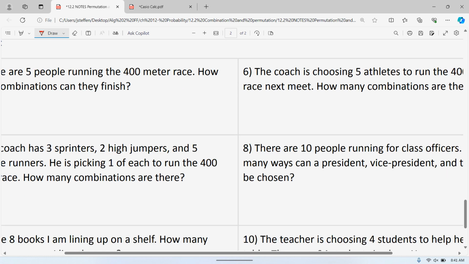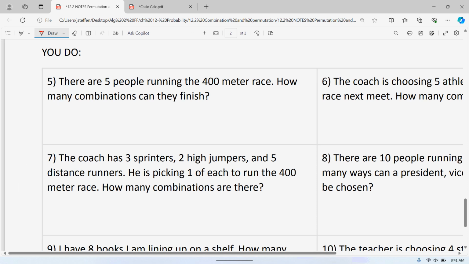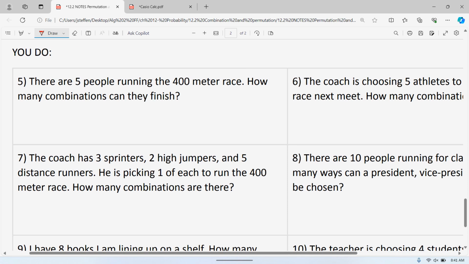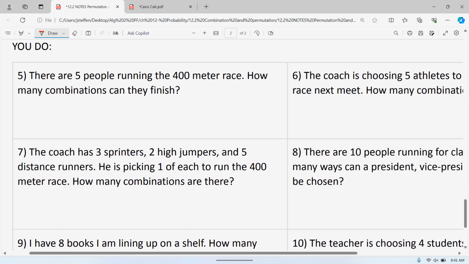So for the rest of these, go ahead and do these on your own. It shouldn't take long. These can be permutations, combinations, or counting principle. Again, there are some that you can use both ways, depending on what your strengths are.